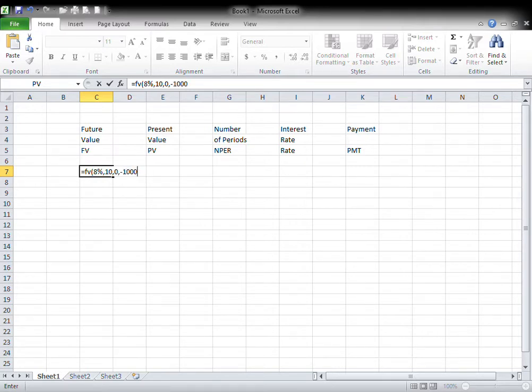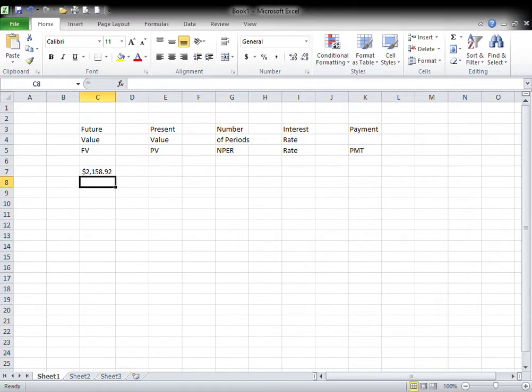We close the parentheses and hit enter, and it says that $1,000 left in the bank at 8% for 10 years will be worth $2,158.92.